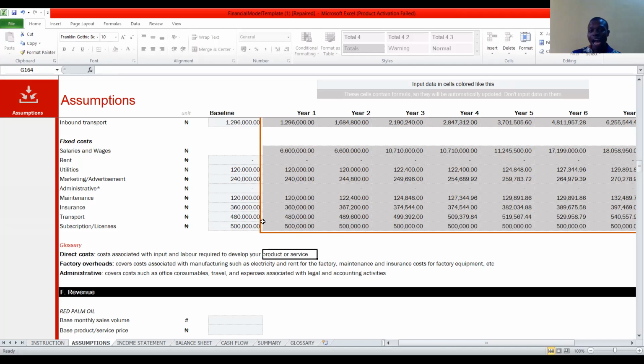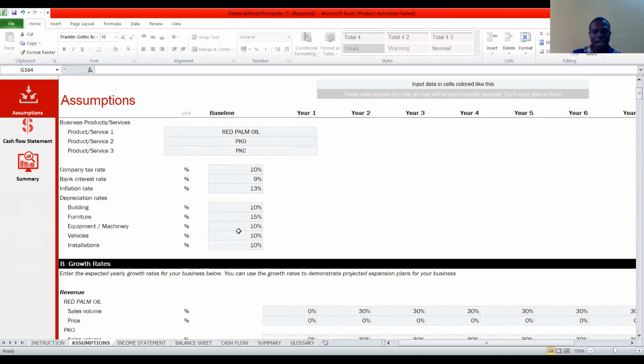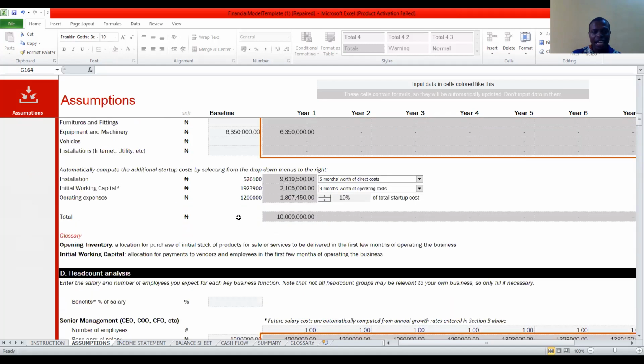But what I would have advised this person is that NAFDAC should have been factored in when you apply for your loan. It should make up your pre-operating expenses, that's the expenses you incur before you start the business.